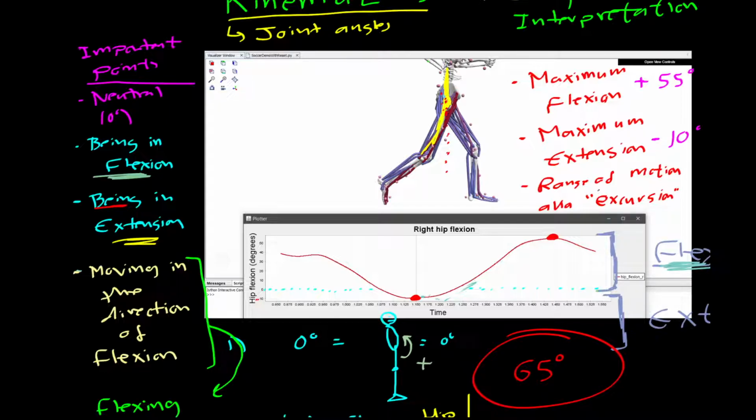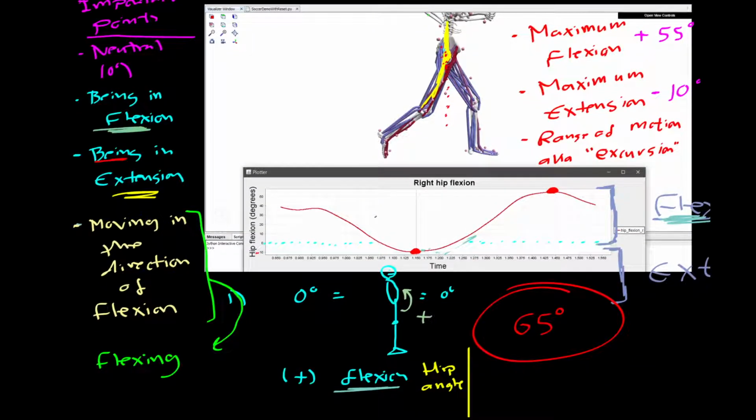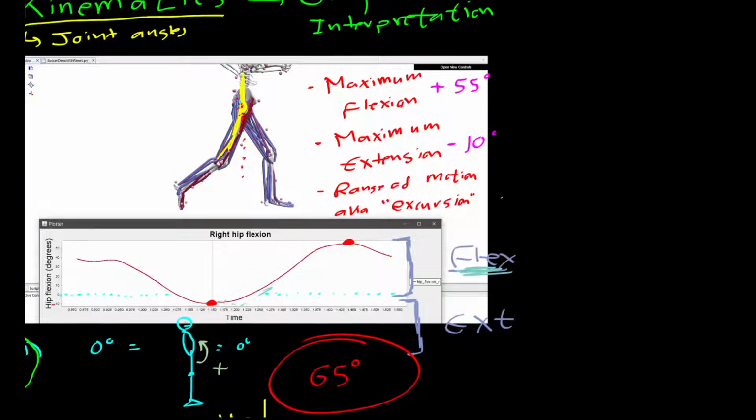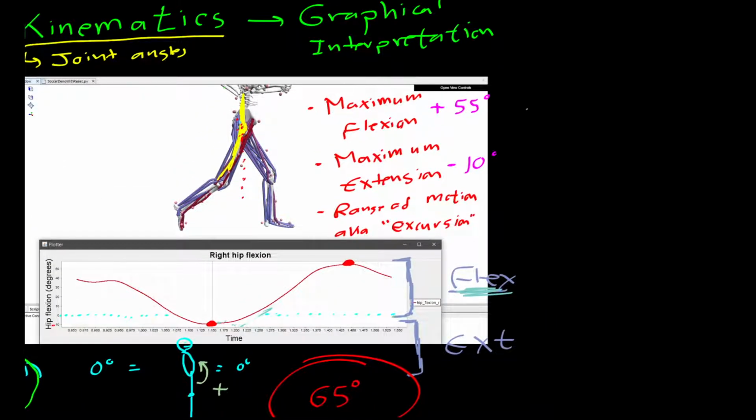Now, range of motion is a little bit of a tricky term because sometimes people use it to mean how far away from neutral can you get. In clinical settings, quite often you'll see people talking about range of motion in each direction. So maybe somebody is not very flexible and they only have, say, 40 degrees of flexion range of motion and maybe 10 degrees of extension range of motion.